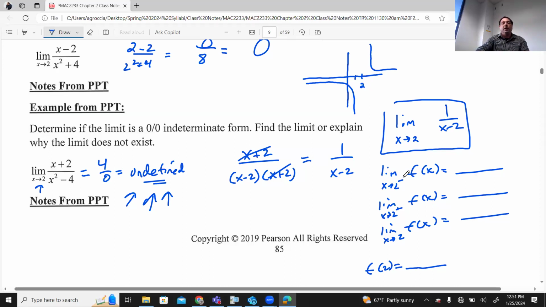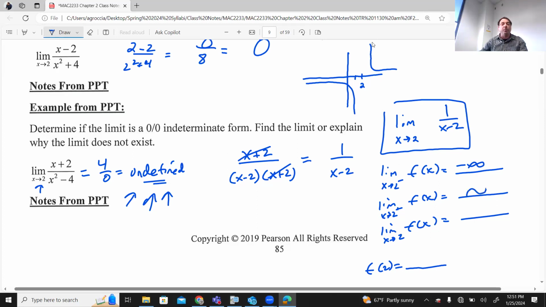So, more options. As we approach 2 from the left, where is this thing going? Negative infinity. As we approach this from the right, where is this going? Positive infinity.